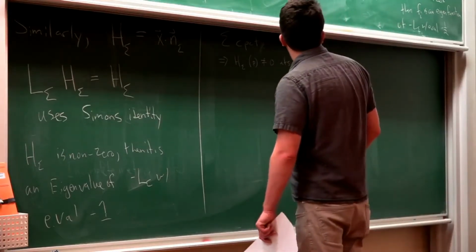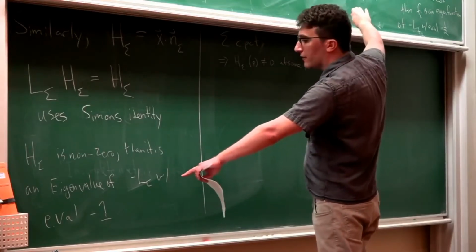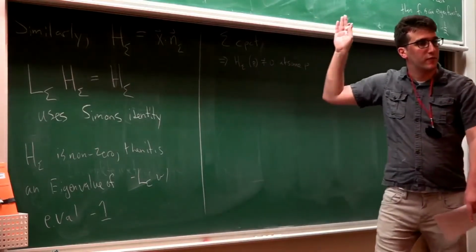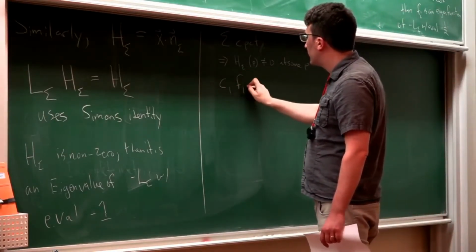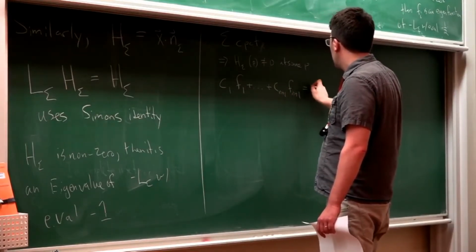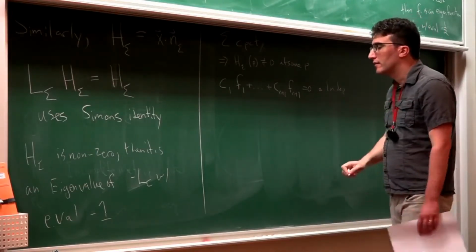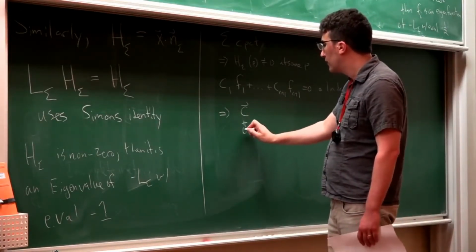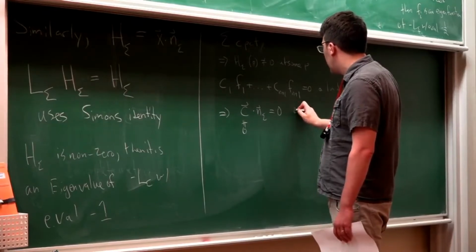Similarly, let's think about what could happen. These are eigenfunctions with different eigenvalues, so there's no linear dependence relation between H and any of the F_i. But suppose we had a linear dependence relation among the F_i. Going back to the definition, that implies there's a vector c which is not 0 so that c dot n sigma is equal to 0 on sigma.